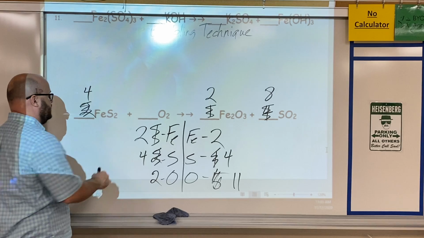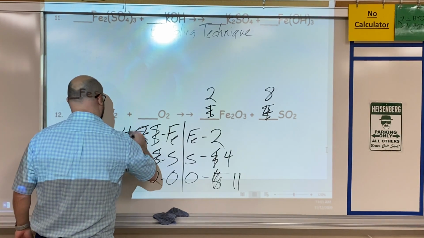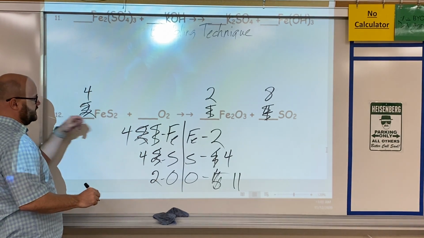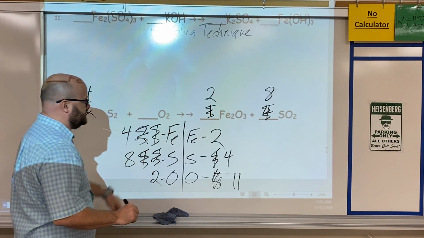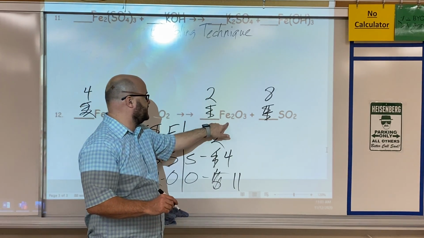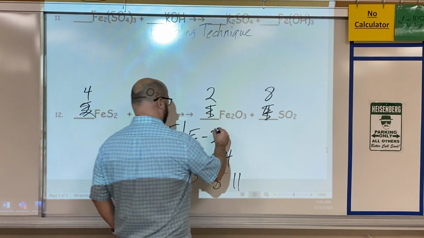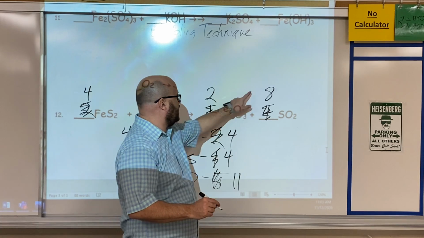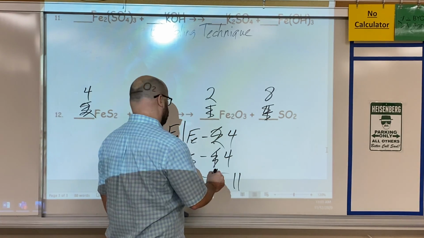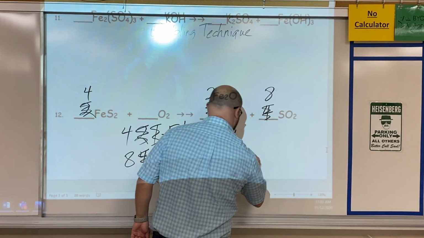4 irons, 4 times 2 sulfurs. Not worried about oxygen. 2 times 2 is 4 irons. 8 times 1, 8 sulfur.